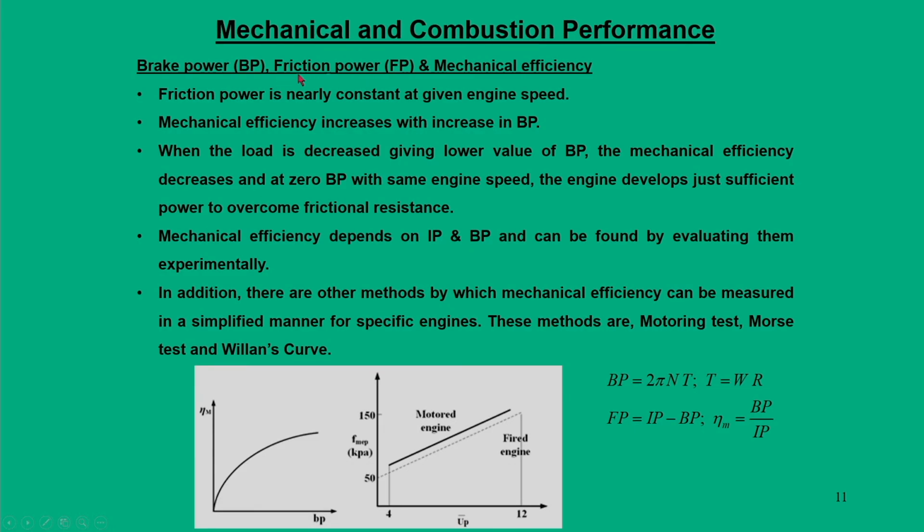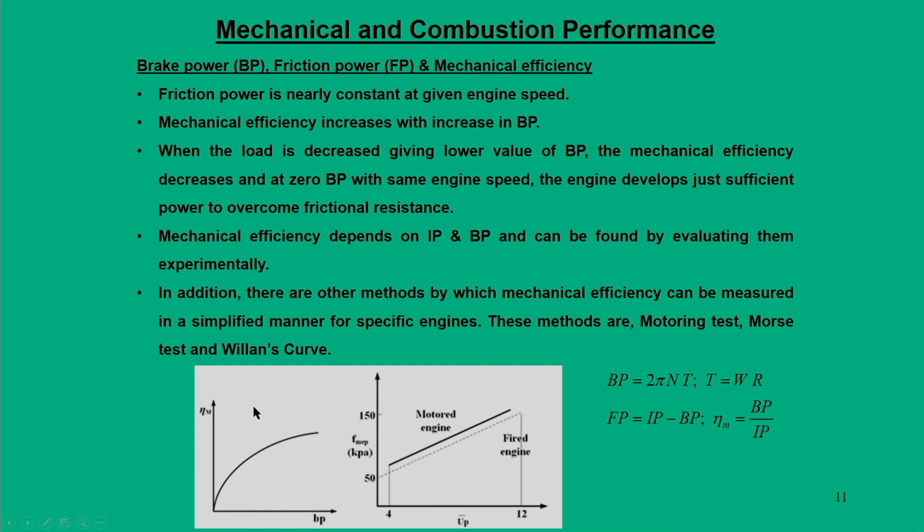Moving further, we need to give another insight: as I mentioned, the brake power and friction power should be looked into simultaneously. This plot shows the variation of mechanical efficiency with brake power. That means, if you increase the brake power, the mechanical efficiency goes up.